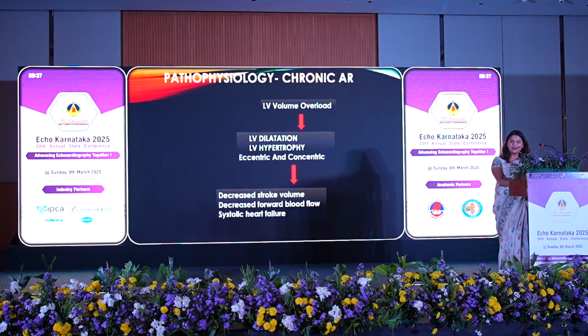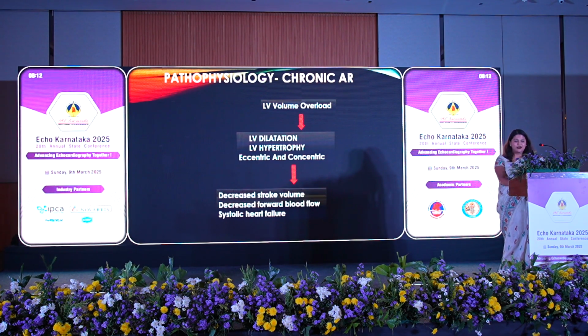Whereas in chronic aortic regurgitation, the symptoms are more long-lasting and the LV adapts to the chronic volume overload situation. Here also there's a bit of increased LV end diastolic pressure and increased left atrial pressure, which presents as dyspnea for the patient. Because of the progressive LV dilatation and hypertrophy, a pounding sensation and palpitations are also very common.